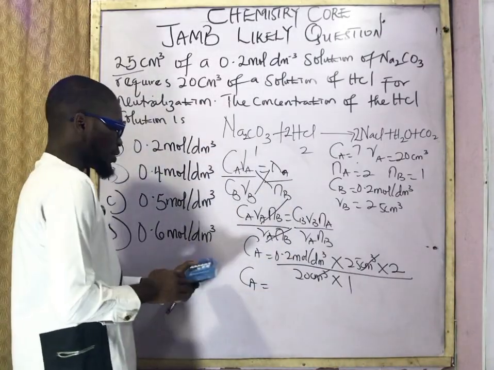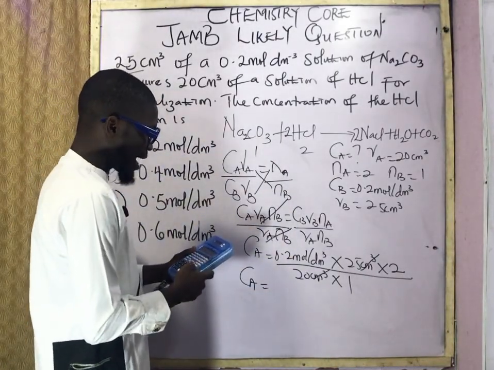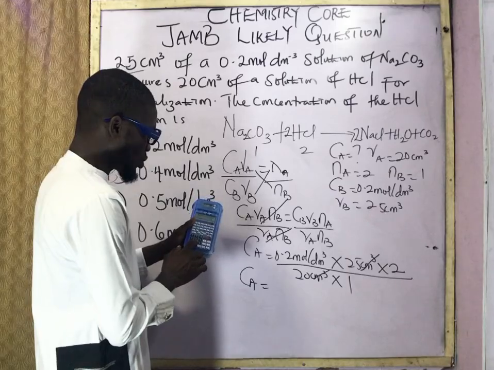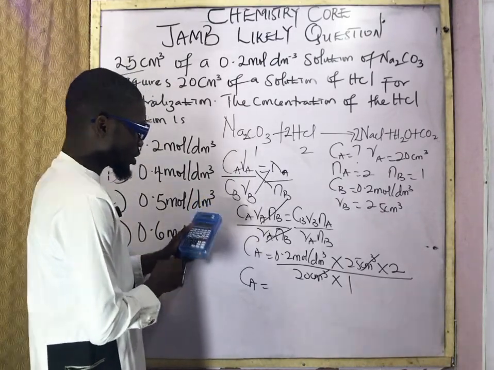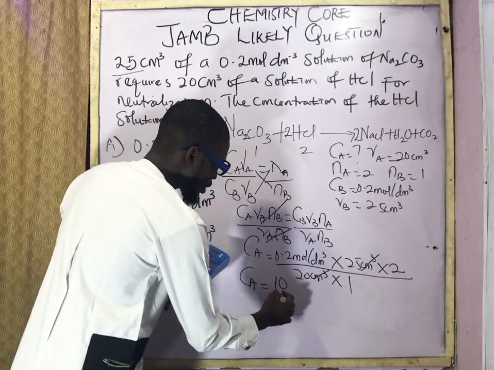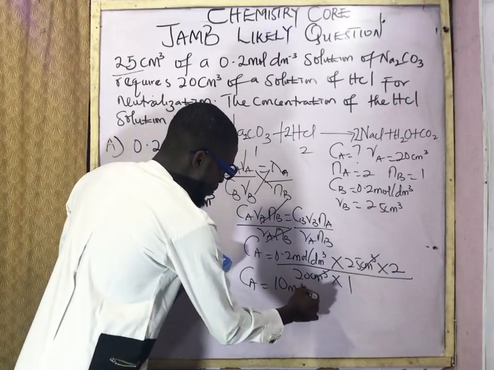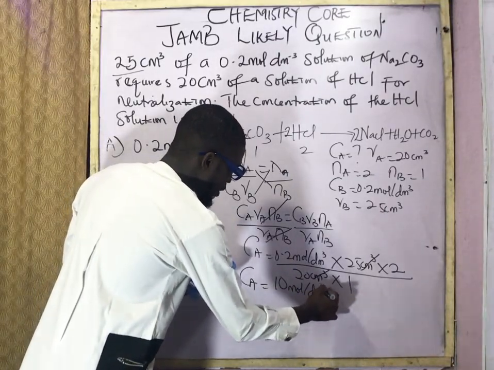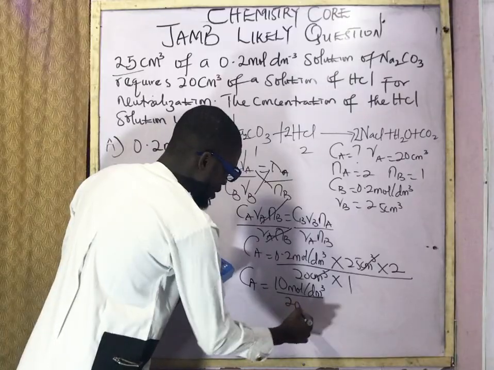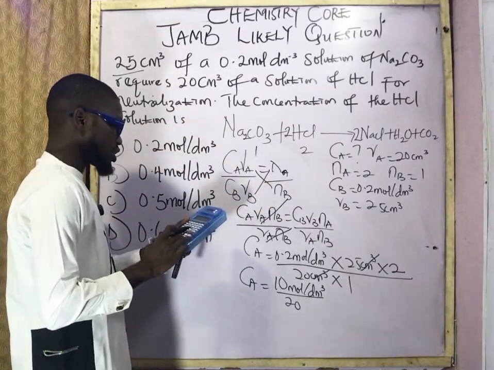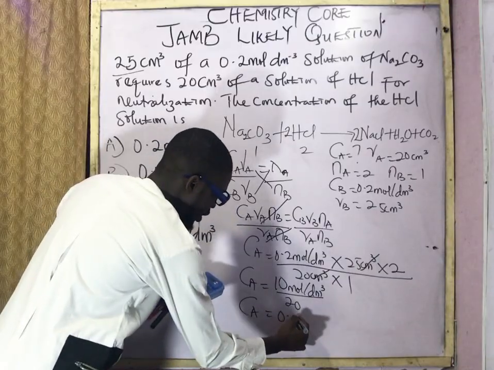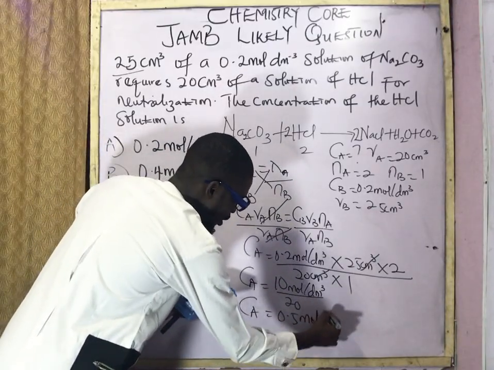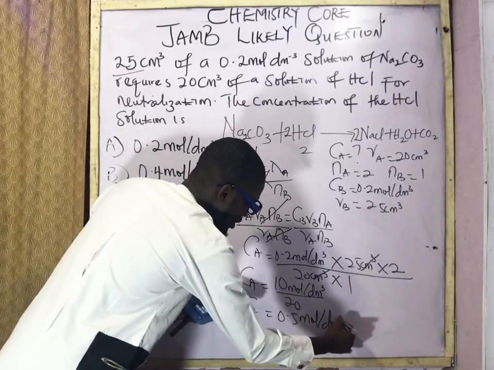So let's multiply the numerator: 0.2 multiplied by 25 multiplied by 2 gives 10 mol/dm³. Please don't forget the unit. Divided by 20. So our Ca is 0.5 mol/dm³.